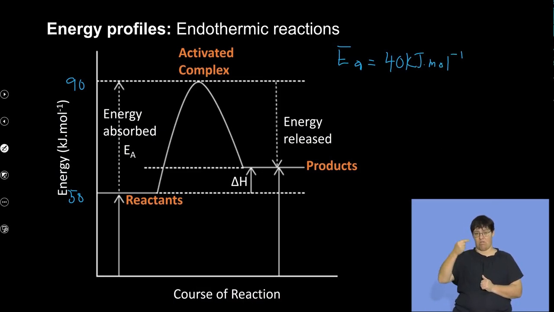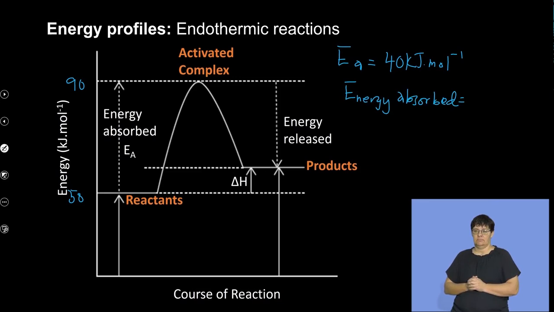These reactants are at an energy level of 50 kilojoules per mole, while the activated complex is 90. The difference gives us the activation energy, and we know that 40 was absorbed. So the energy absorbed in this case is 40 kilojoules per mole, as an example.